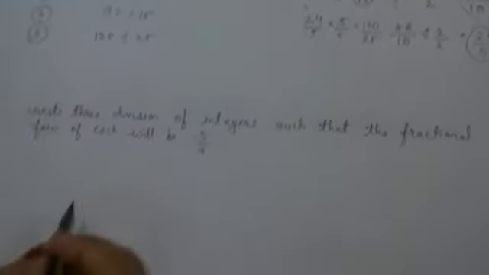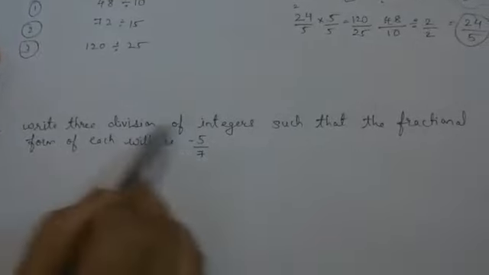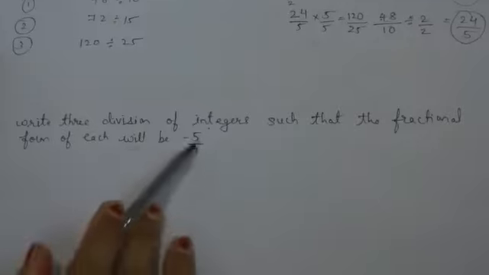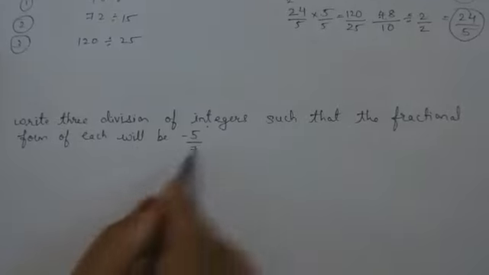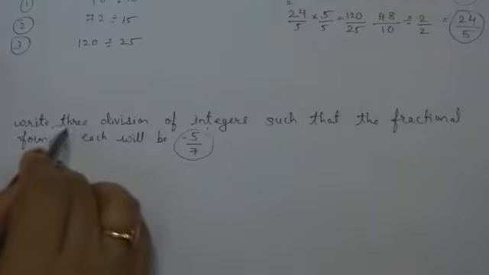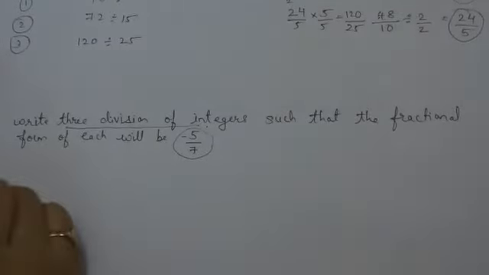Similarly, see question number 3. Question number 2 and question number 3 are similar. Write 3 divisions of integers such that the fractional form of each will be minus 5 upon 7. Now we want minus 5 upon 7, and again we want 3 divisions of integers.